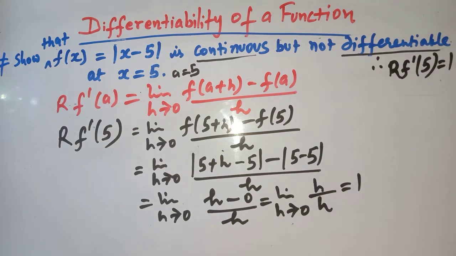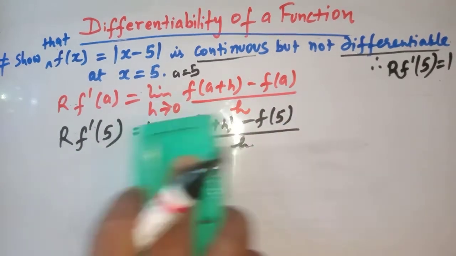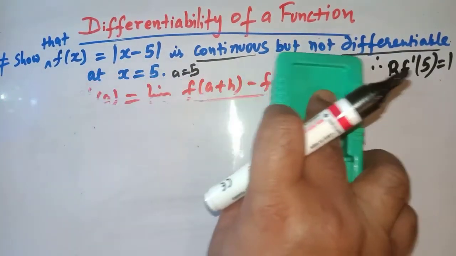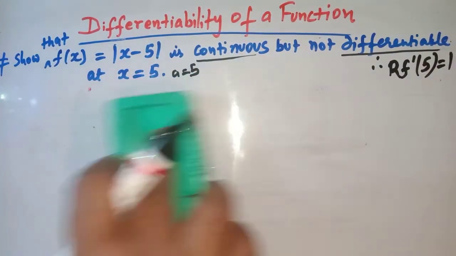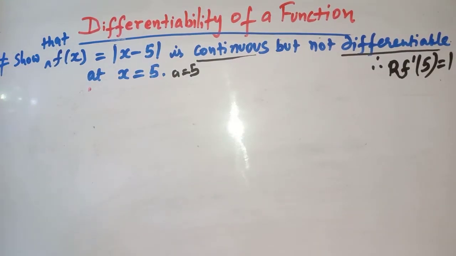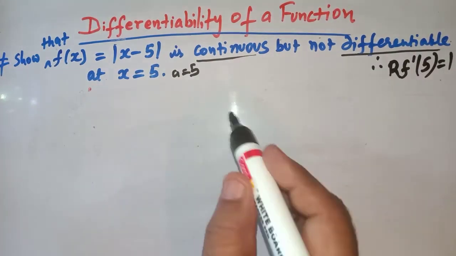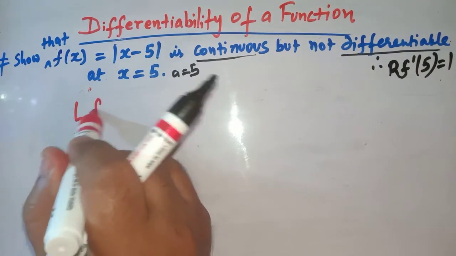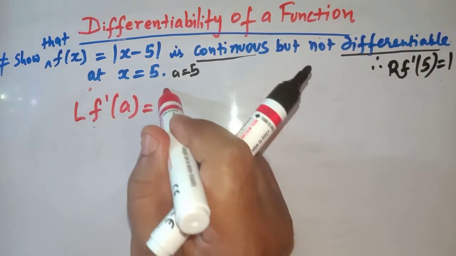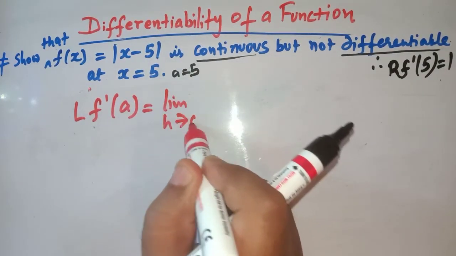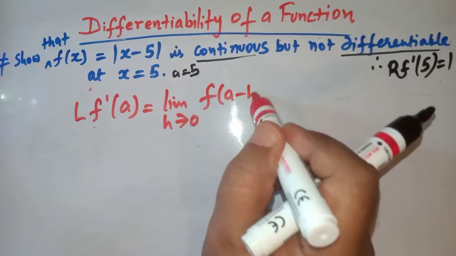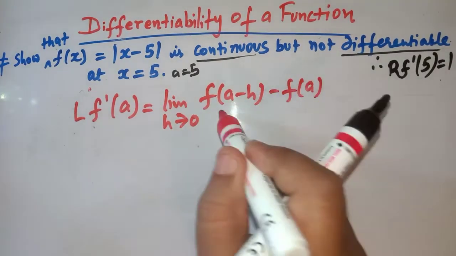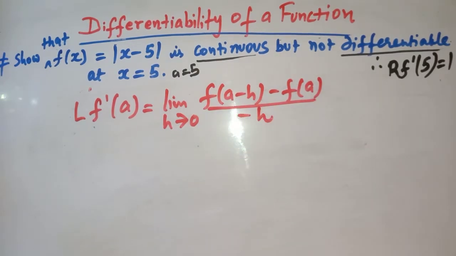Clear? Now let us find the left hand derivative. Clear? Okay, so viewers, here we have the left hand derivative, limit h tends to 0, f of a minus h minus f of a over minus h.